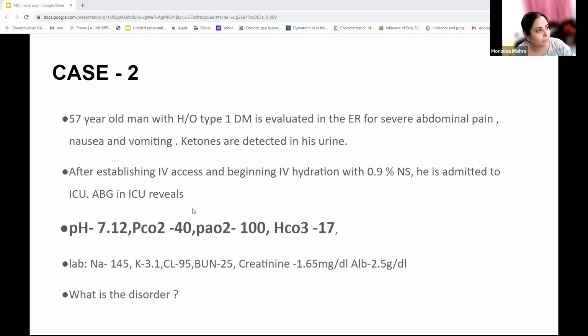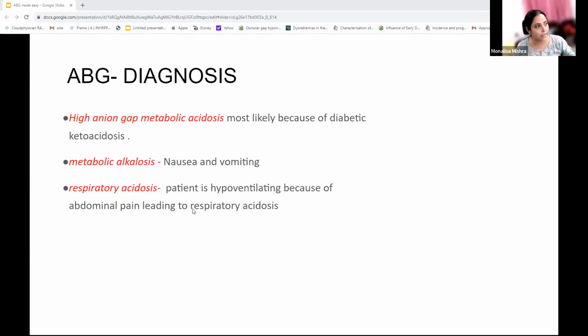So this whole thing is high anion gap metabolic acidosis, which we calculated. Then there is respiratory acidosis because respiratory compensation is not taking place. And because of the delta gap, you find out that there is metabolic alkalosis as well. So there are 3 disorders actually present in this one patient.